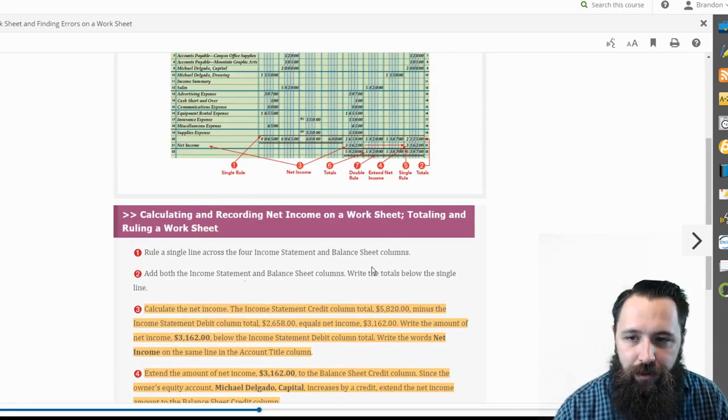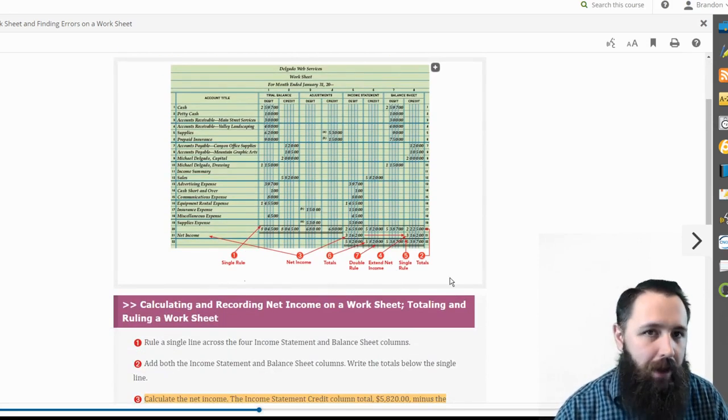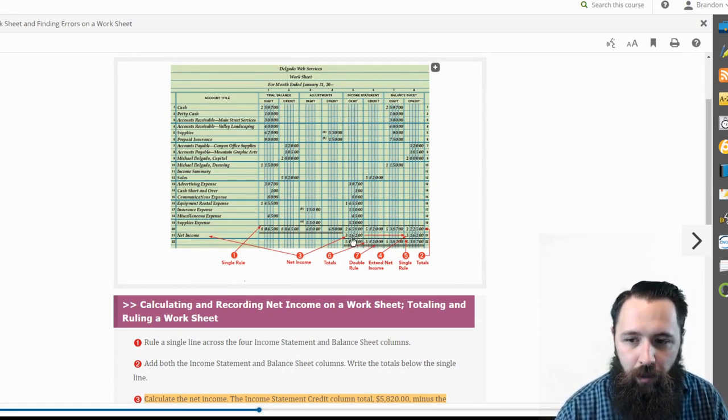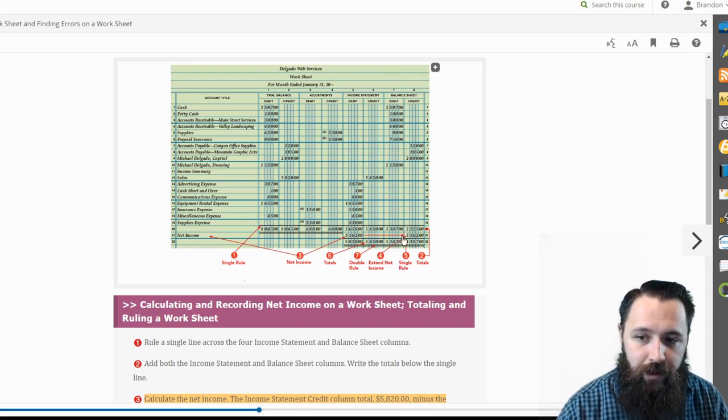And then after that, we are going to add up the numbers that we have here, right? We're going to total and rule once again. We're going to take our income statement debits that we already calculated, add in the net income, and then our total should be 5,820. Now you can see that our debits actually equal the same as our credits, 5,820. If we go over to our balance sheet, we do the same thing. 5,387 stays the same.